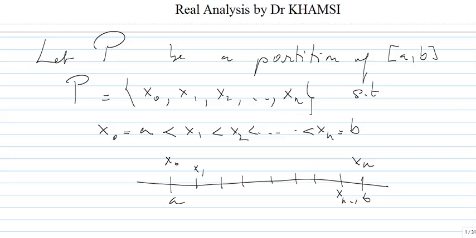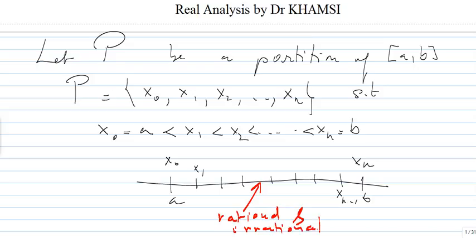So clearly, using the density of the rationals and the irrationals in every interval, we are going to find a rational and an irrational. So this is very important.